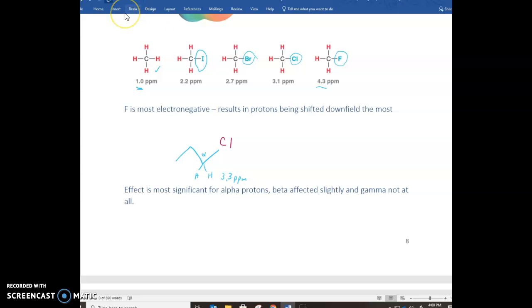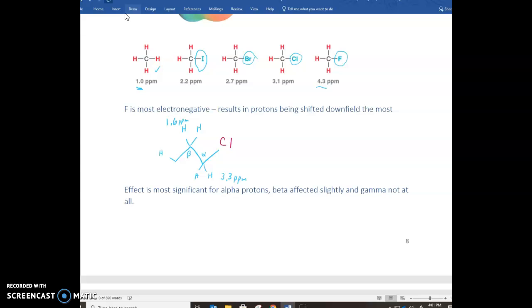The 2 hydrogens on our beta carbon are going to appear at 1.6 ppm. So these first 2 have been downshifted quite a bit.